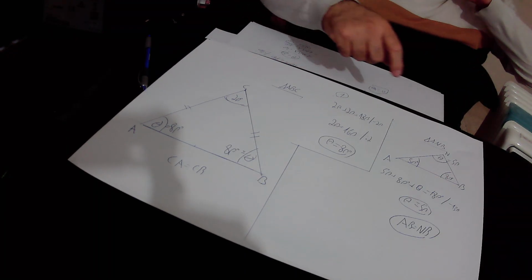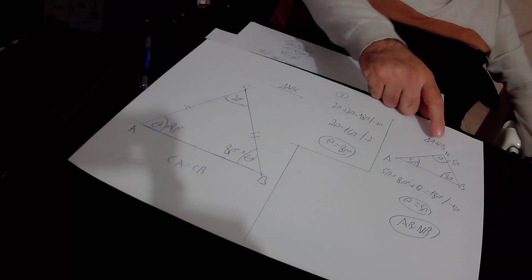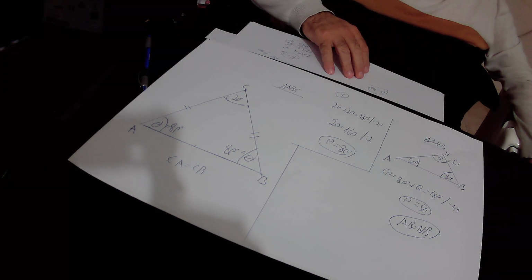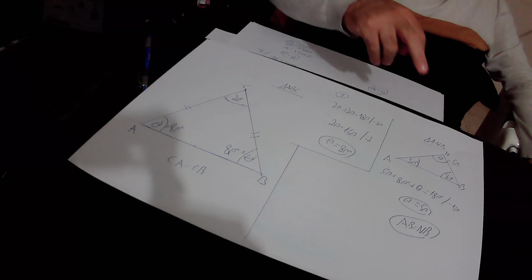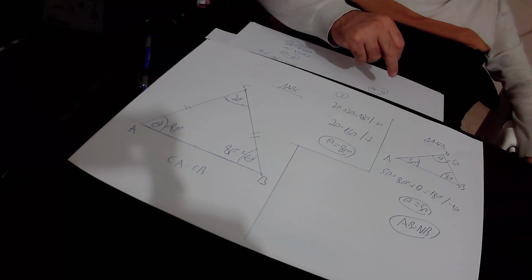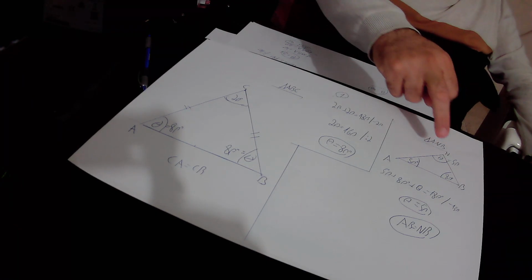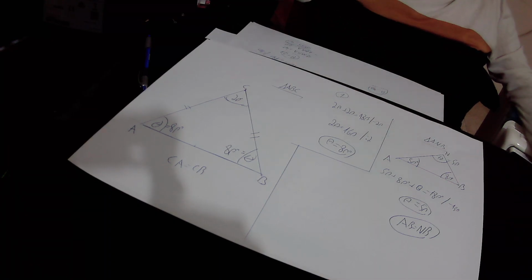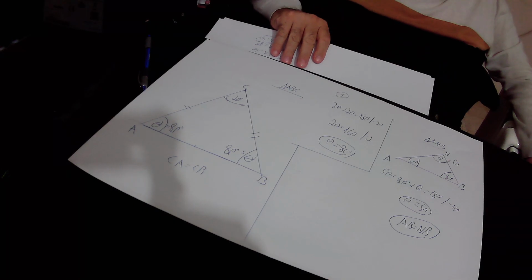Okay, we define the missing angle as theta. The sum of the angles in triangle NAB must be equal to 180 degrees, that is to say 50 degrees plus 80 degrees plus theta. In total, the sum of those three angles must be equal to 180 degrees.